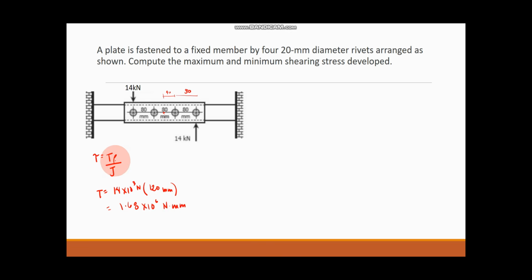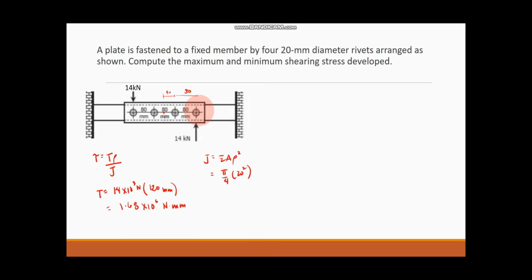And then yung polar moment of inertia natin, which is J, is equal to the summation of the area multiplied by the rho squared, in which rho squared is the distance of the bolt to the center of gravity. Area 1 natin is pi all over 4 20 squared.